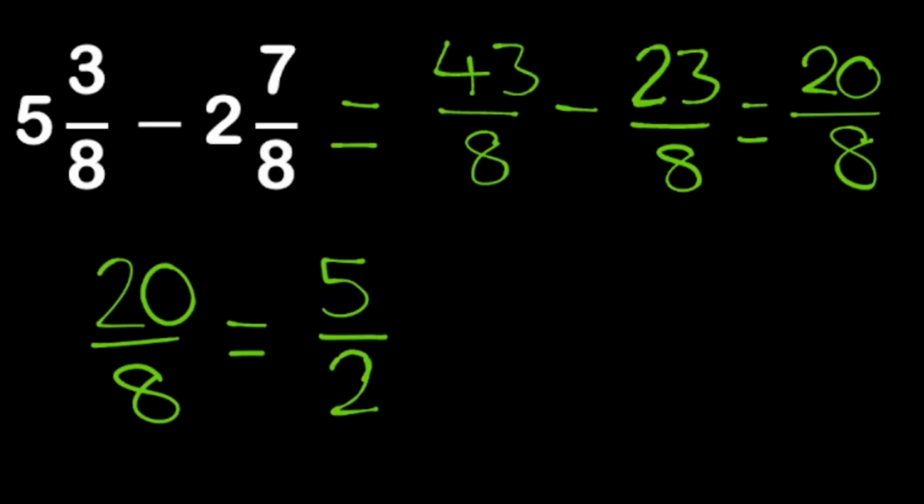So now we can convert this improper fraction into a mixed fraction. 5 divided by 2 is 2, with 1 left over, and keep the original denominator. So that's our final answer.